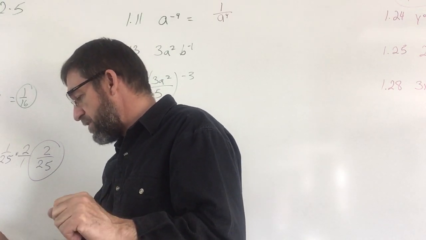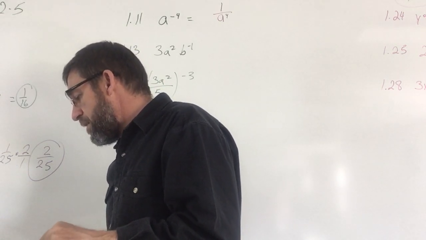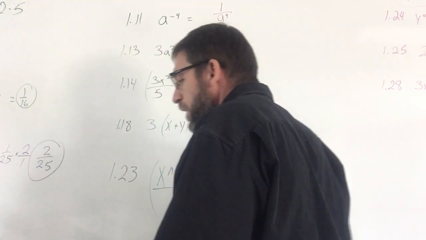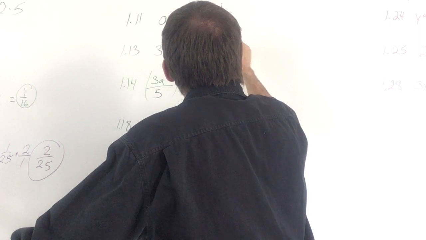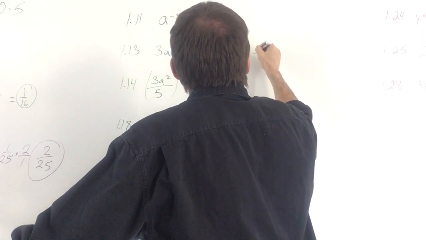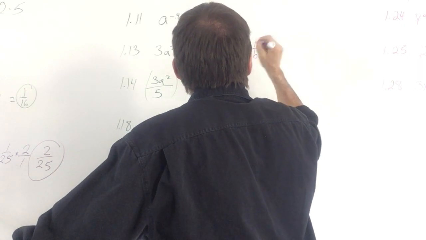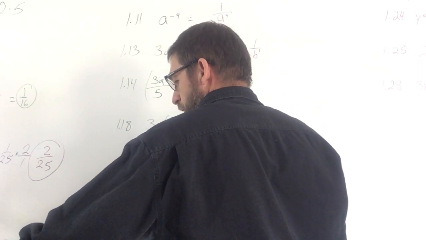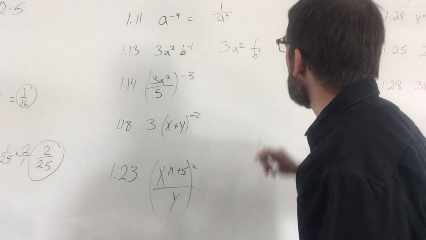You have 3a squared b negative 1. So I know how, let me see here, I went 3a squared and then I put 1 over b to the 1. And then I simplified that down.